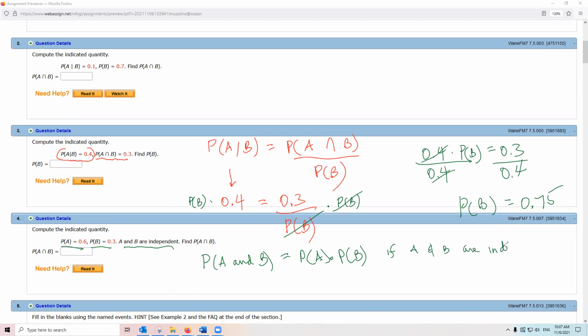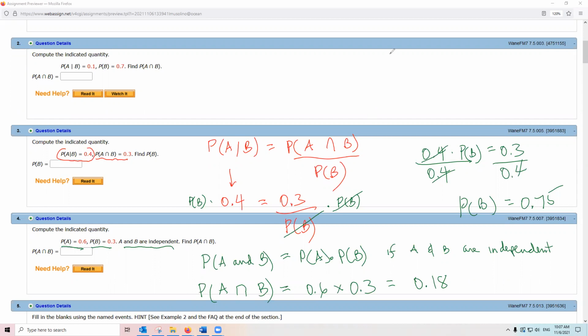And of course, in this example, they are. So I can just, and remember, the probability of A and B is the same as the probability of the A intersection B. Well, the probability of A was given as 0.6. Probability of B was given as 0.3. So this answer is just going to be multiplying those 2 probabilities together to get 0.18.